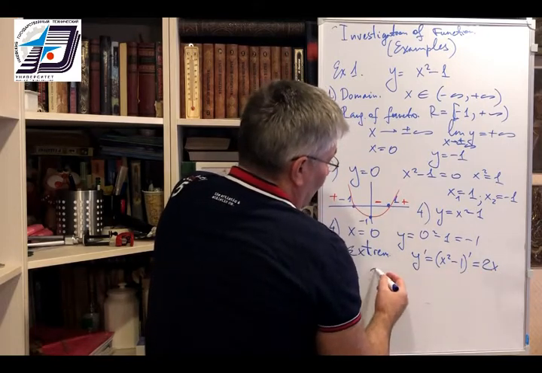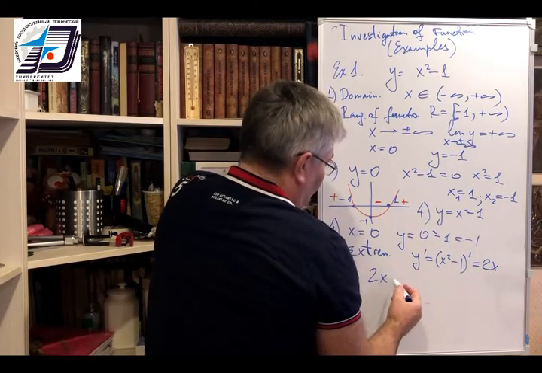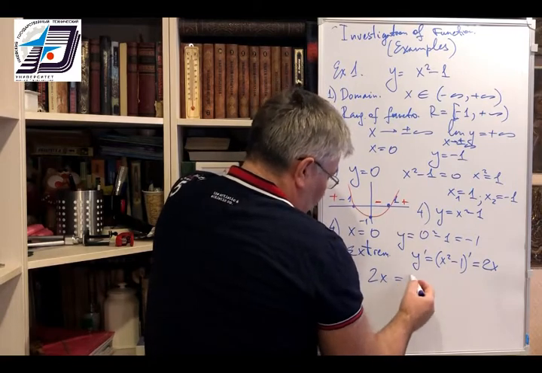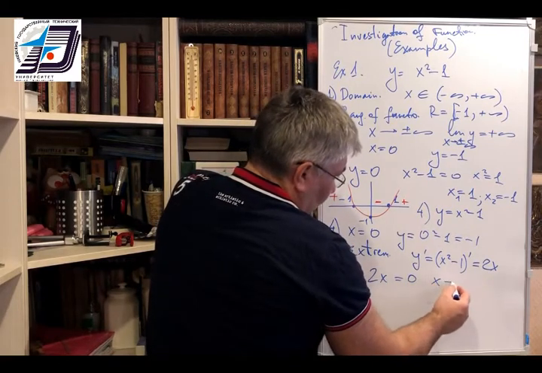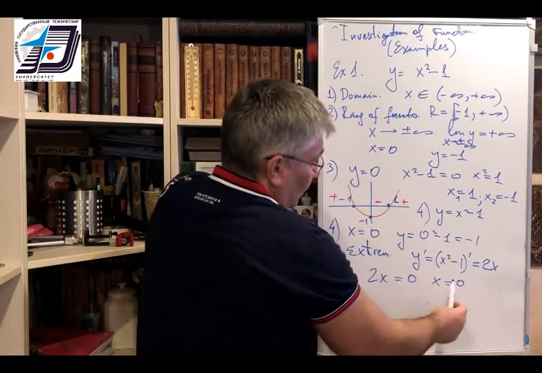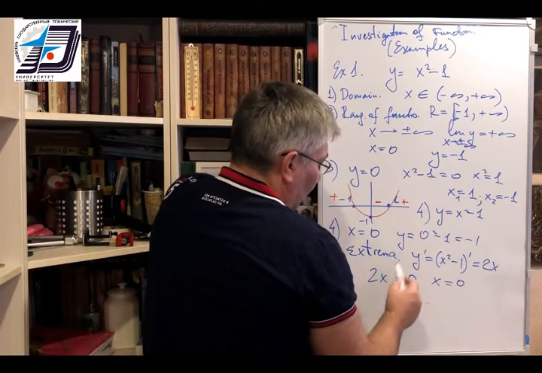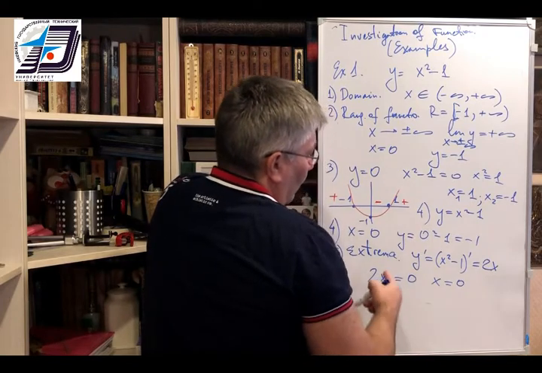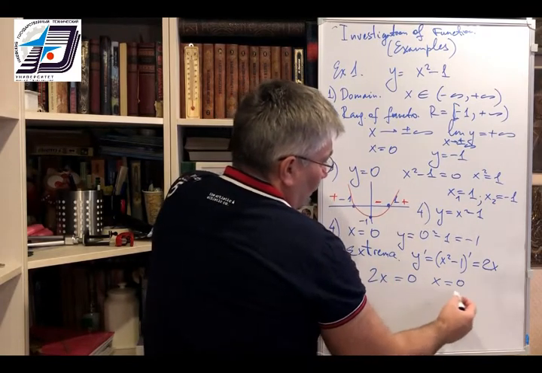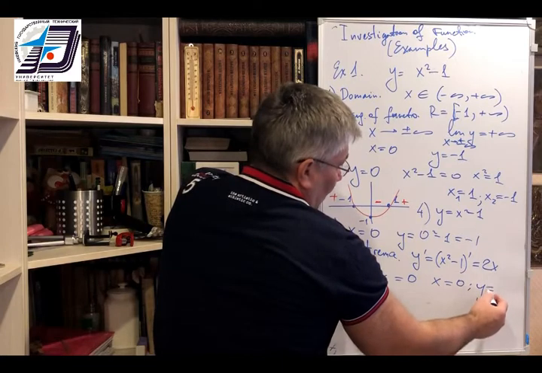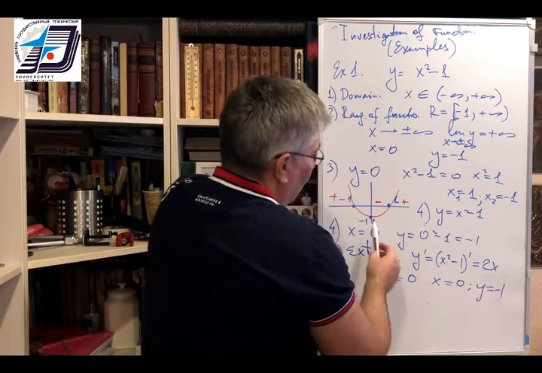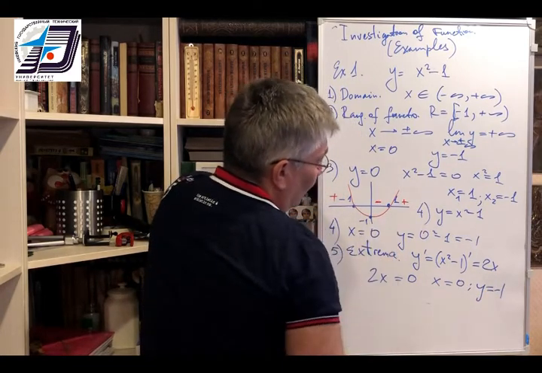And after this, we have to set it equal to 0. So x equals 0 is the extremum, the only one extremum of the function. The value at this point is y equals minus 1, so it coincides with the intersection with axis y.